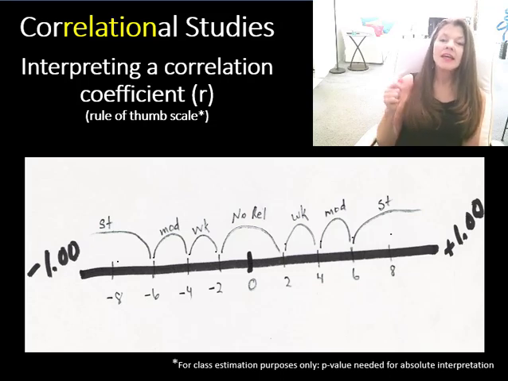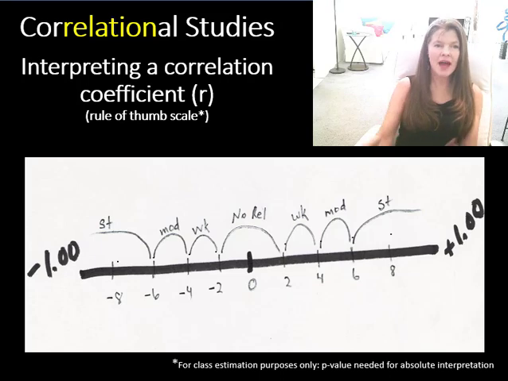It tells us 1, if there is a relationship, 2, if it is positive or negative, and 3, how strong that relationship is. Here on this slide is your rule of thumb scale to use for interpreting correlation coefficients for this class.